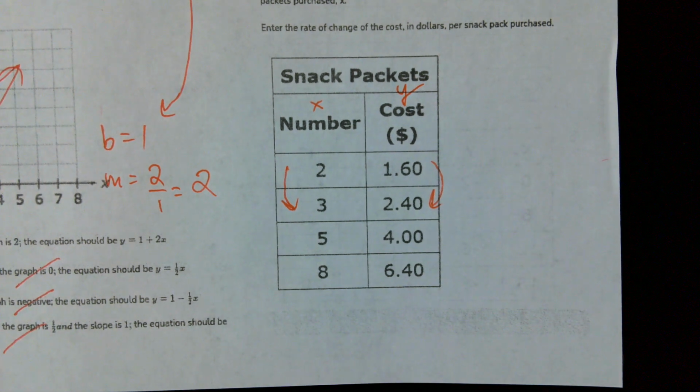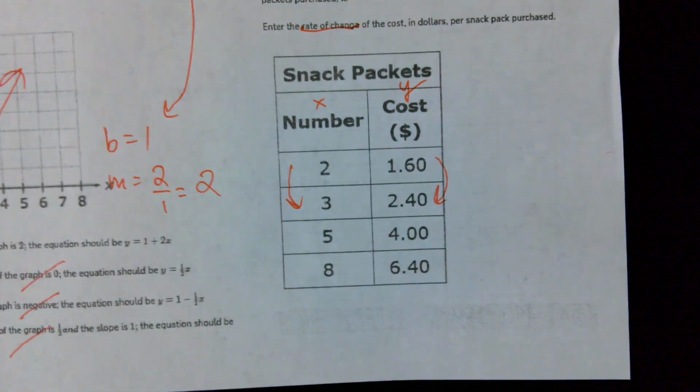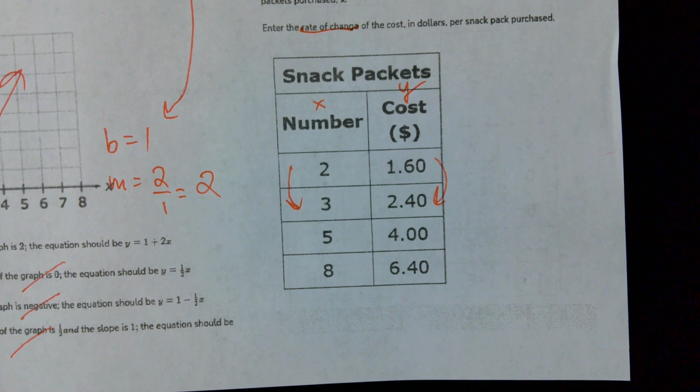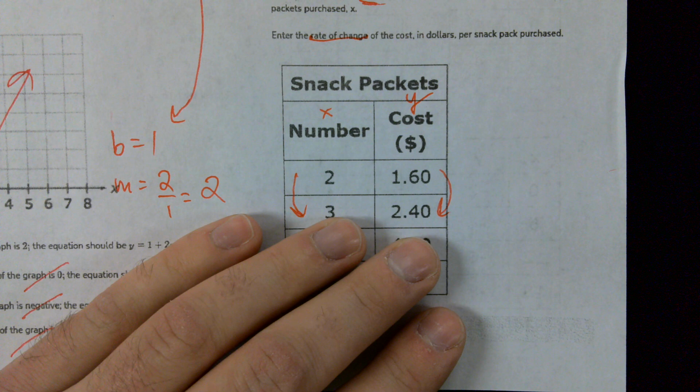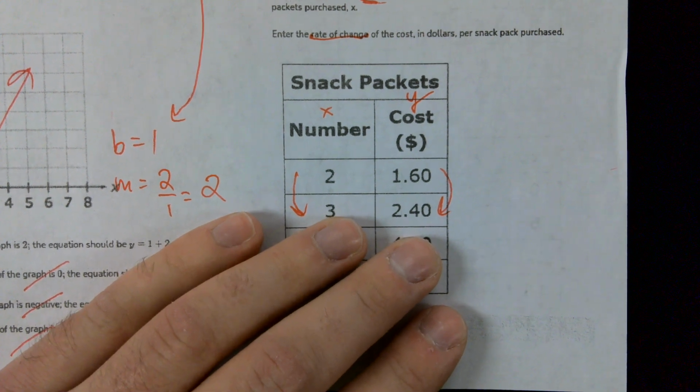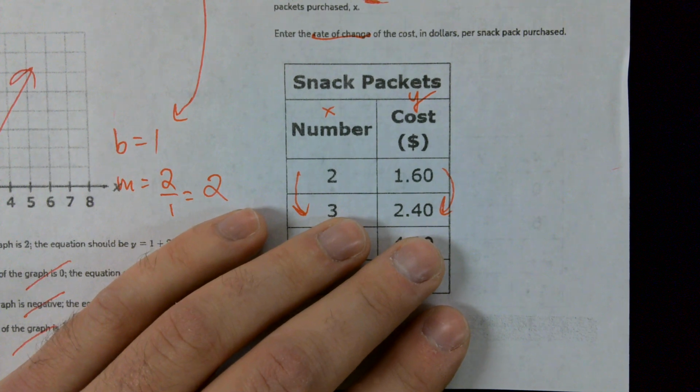We have to find and enter the rate of change of the cost per snack. Rate of change. Does anyone remember another word for that phrase? Ratio. Good. It's definitely going to be a ratio of the change in y over the change in x.